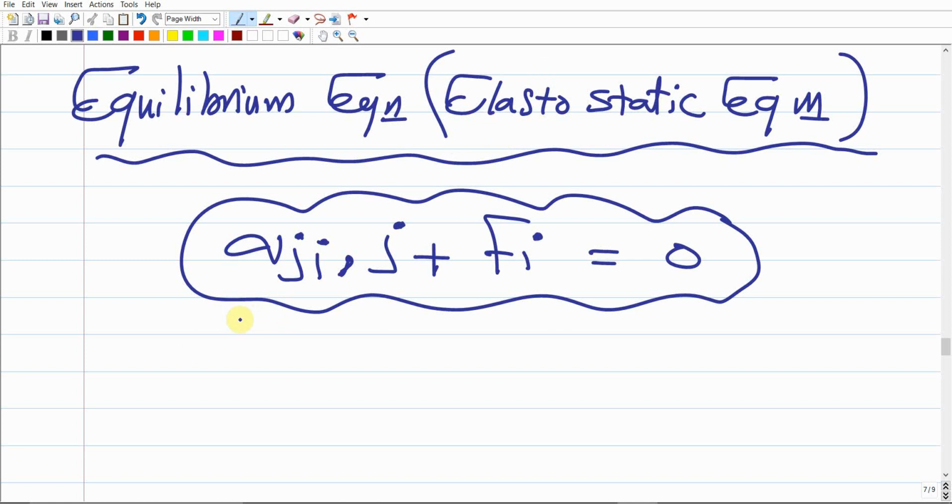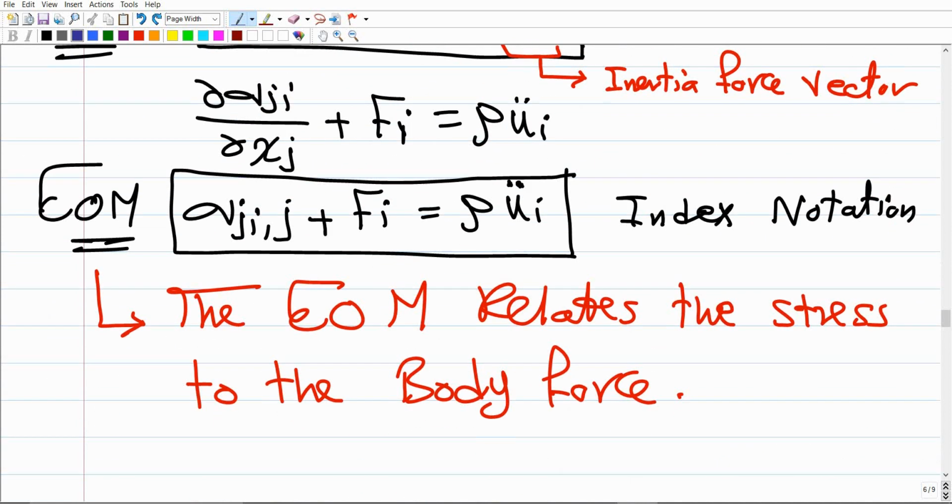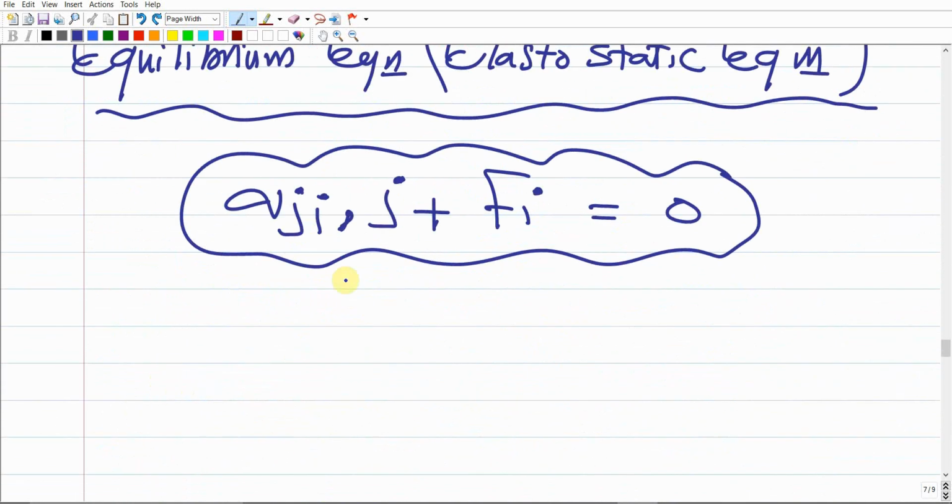So this is the relation that relates how the stress is related to the body force. And this equation, this is what we're gonna use all the time. This is the form of the equilibrium equation or the equation of motion that we're gonna use through the class. We have derived this one from these equations, the dynamical form of the equation from the mechanics of discrete systems of particles generally, but in the rest of this class, we're gonna consider this one as the equilibrium, and all the time this term will be zero.